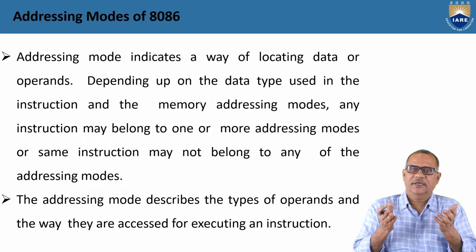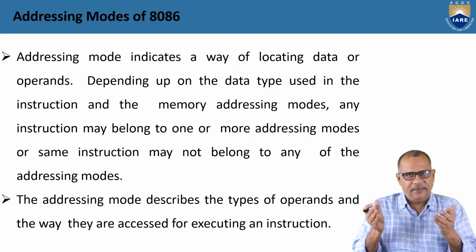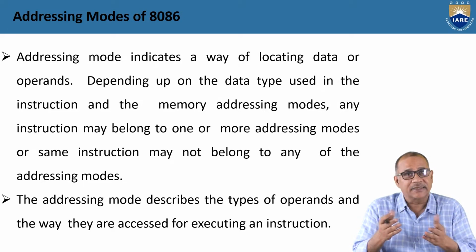You know, the instruction contains the opcode and the data. And the data can be an operand, it can be a register, or it can be a memory location. That means the data can be present in a register or a memory location, or it may be present in the instruction itself.